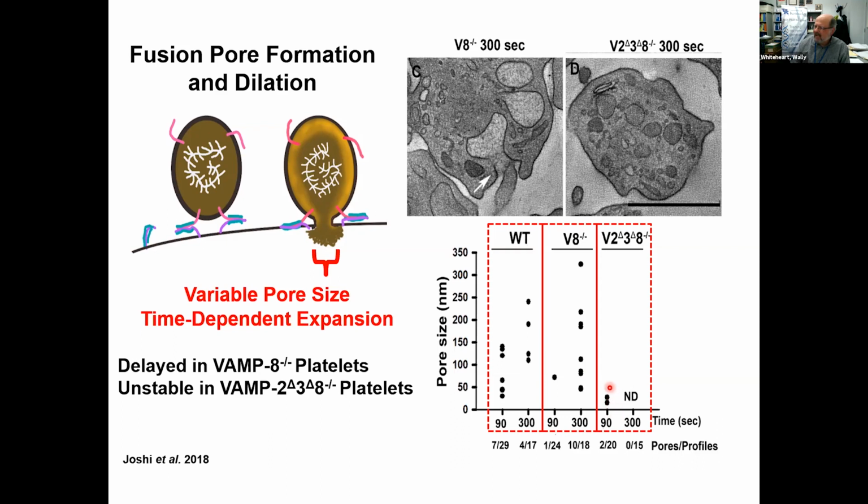And in this particular case, we see pores form, but there is not enough of this fusion machinery available to form stable pores, and so they don't last, and you don't really count any at 300 seconds. But what this tells us is that the fusion pore actually dilates, and the fusion pore dilation dynamics is actually controlled by the number of membrane fusion machinery that's available in platelets.